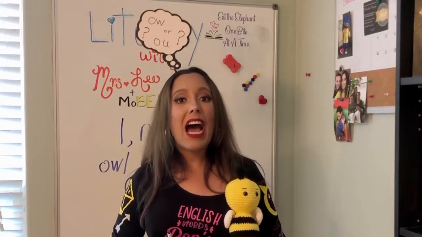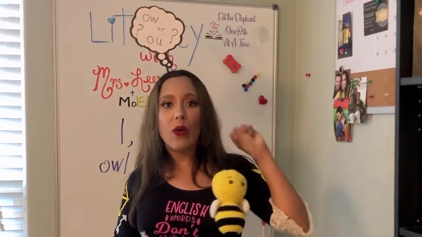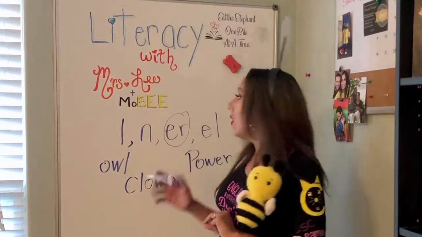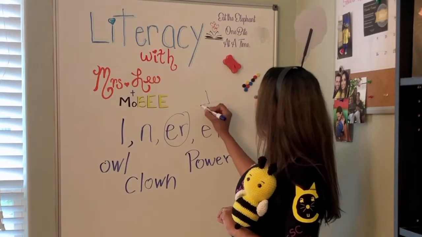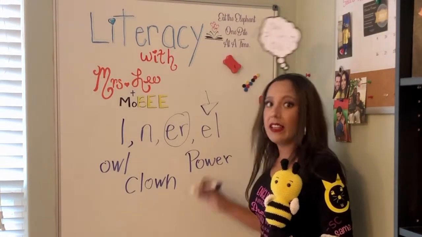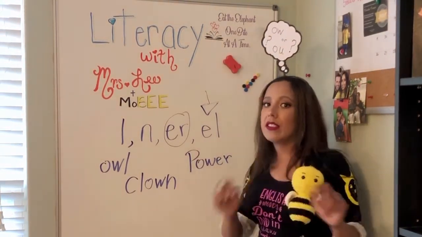And last one. Towel. Are you ready? Ow. Towel. I hear that at the end, and I hear that ow in the middle. And I know if I hear that at the end, that ow sound is spelled with an OW.